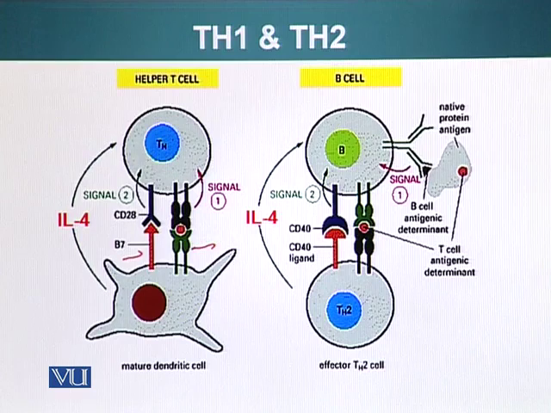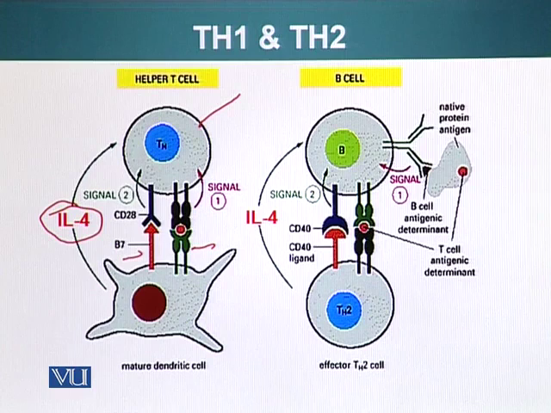In addition to these two signals, when dendritic cells engulf pathogens that require antibody production, they make interleukin-4 and they use this signaling molecule to guide the naive helper T cell into the effector Th2, helper T cell type 2, lineage. So again, this mature dendritic cell engulfed a particular pathogen. Let's say this was Salmonella, and this little red ball is actually a peptide fragment from Salmonella.